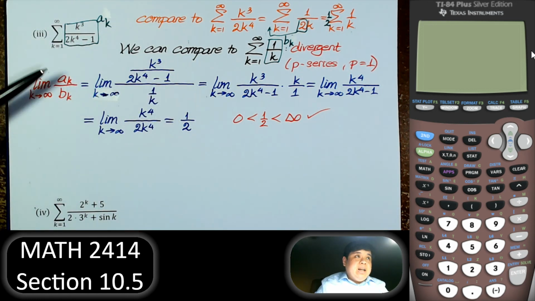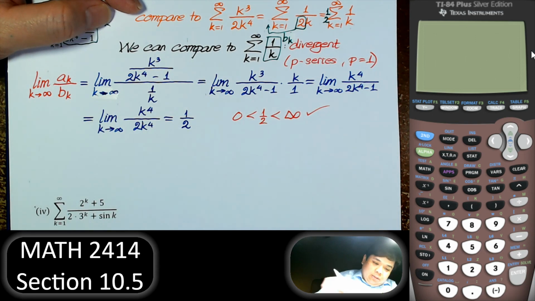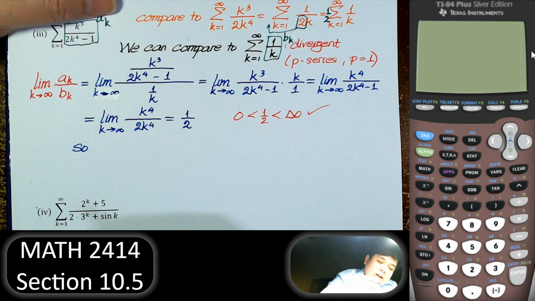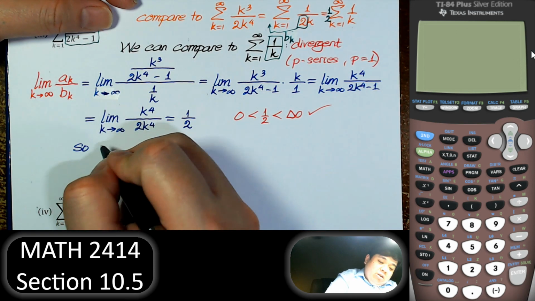So the behavior of a sub k and b sub k will be the same. Or we say they have comparable rates. One of them is divergent, so is the other. So when we have a finite number here, we can say they have comparable rate, or behavior of the series are the same.